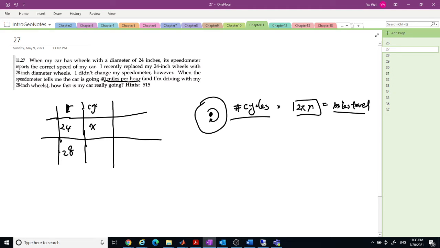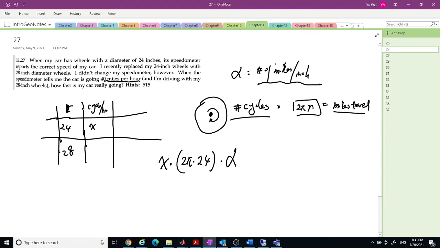So x cycles times 2 pi times 24 is in inches. Then we multiply by alpha, the number of miles per inch, so we can change to miles. We know this is 40.